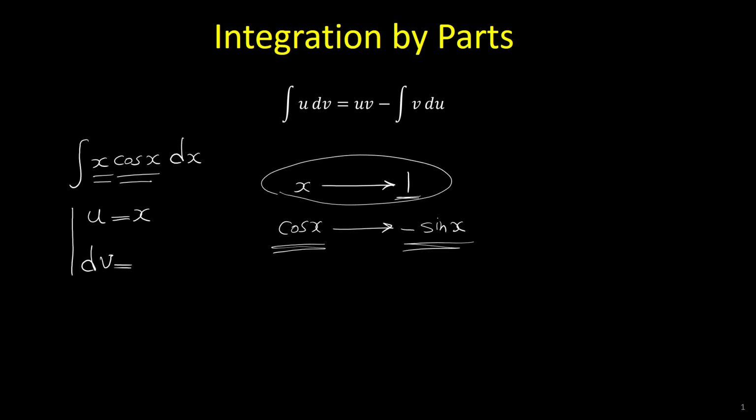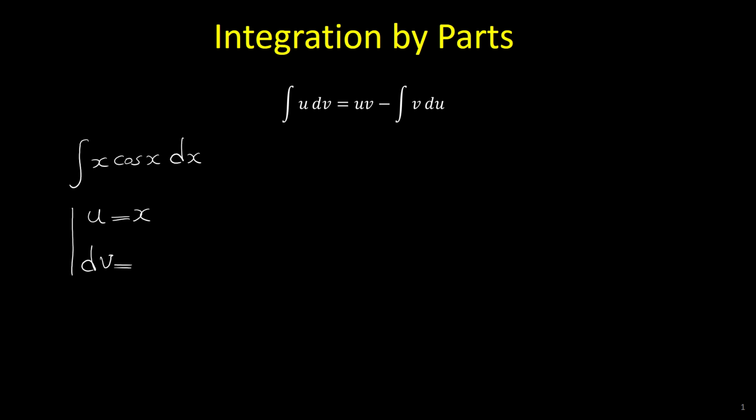After we choose u, the other part of the expression in front of the integral is dv. And so dv is cosine of x dx. So a part of this integral is u and the other part is dv, completely similar to our formula.